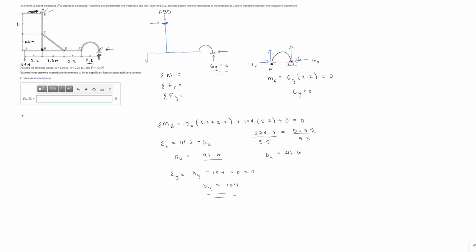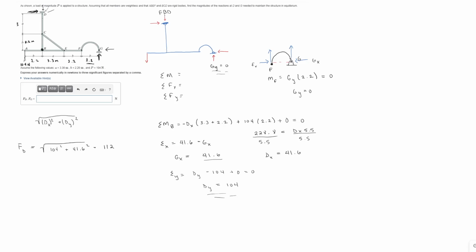So to find the resultant force of D, for example, it would be d of x squared plus d of y squared. So we'll just do 104 for d of y squared plus d of x, which is 41.6, squared, and we get 112. And this is f of d.